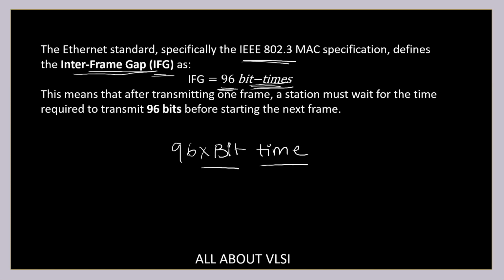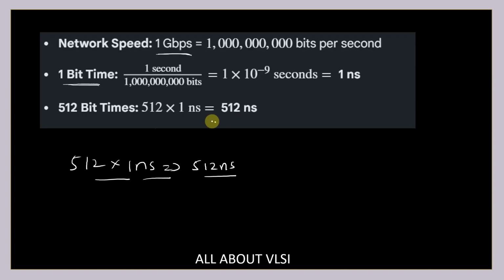This means that after transmitting one frame, a station must wait for the time required to transmit 96 bits before starting the next frame. For example, if our network speed is 1 Gbps, one bit time is 1 second divided by the number of bits, which is 1 into 10 power minus 9 seconds, that is, 1 nanosecond. So for transmitting one bit of data, you allocate 1 nanosecond.